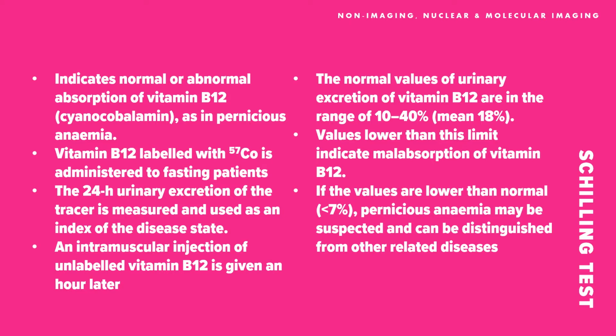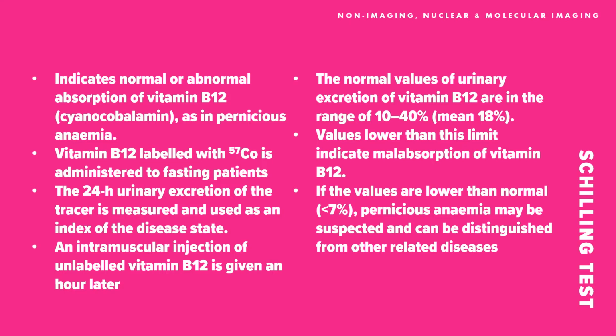You injected the intramuscular B12, the unlabeled one. Normally, after the oral dose goes through the GIT, you will absorb some, and the amount left unabsorbed will be around this range, 10 to 40%.